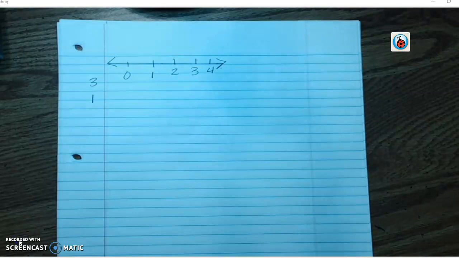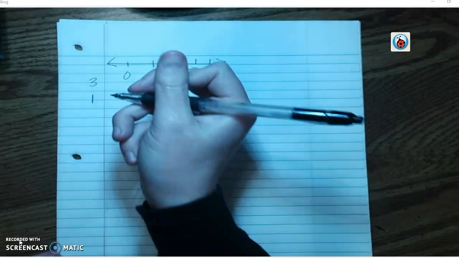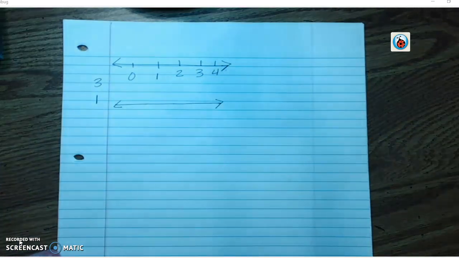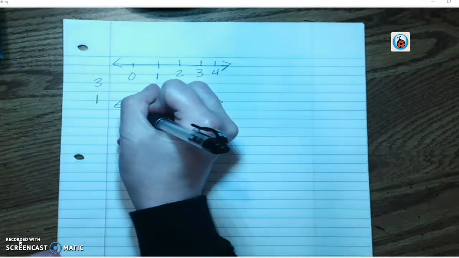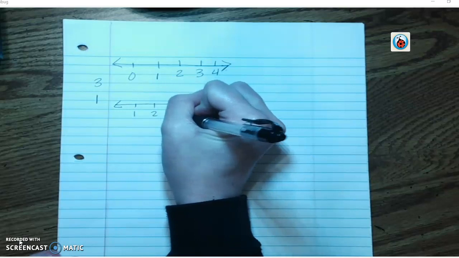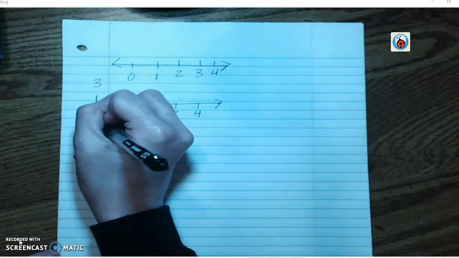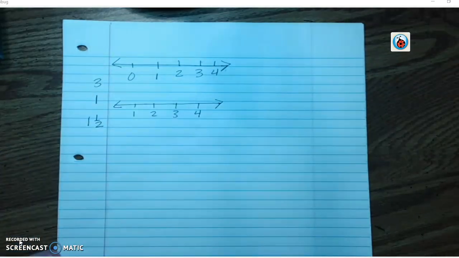Okay, so whole numbers are pretty easy. So let's move on to a decimal and a fraction number line. So if I gave you the number line right here, and I said 1, 2, 3, 4, but I wanted to know where 1 and 1/2 would go on this number line.